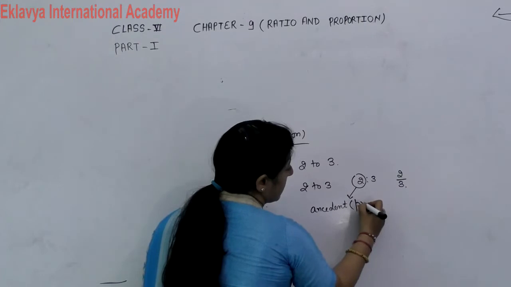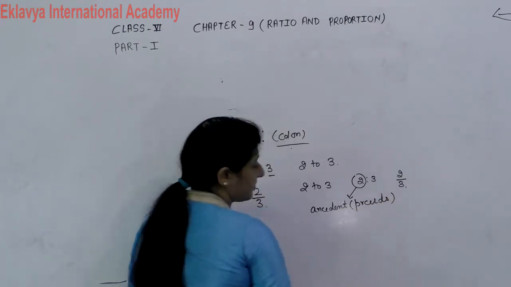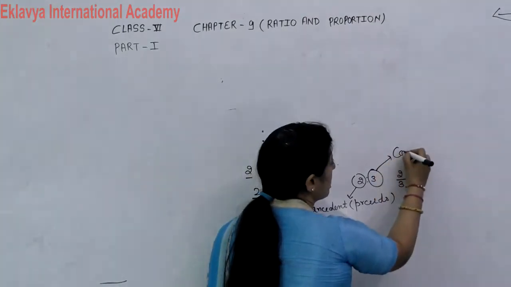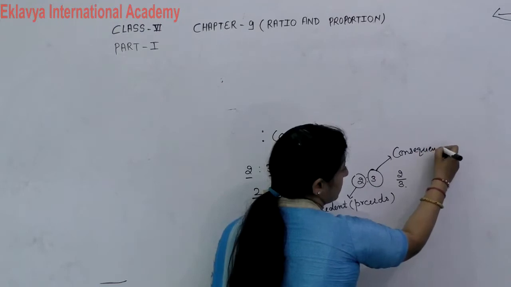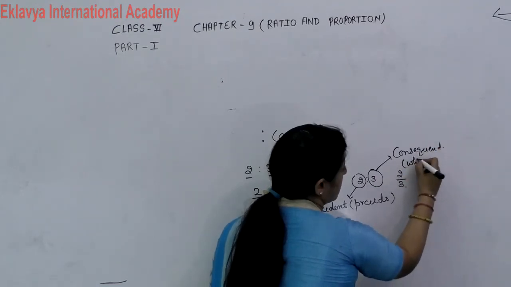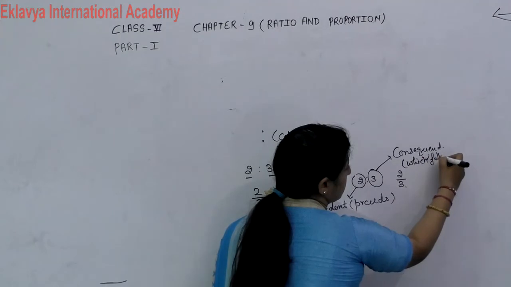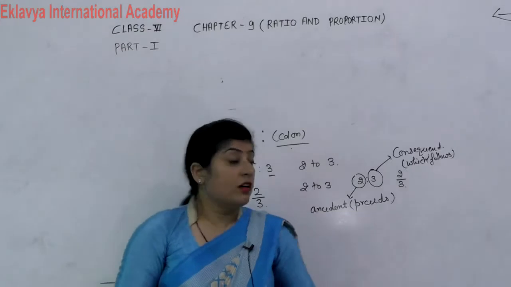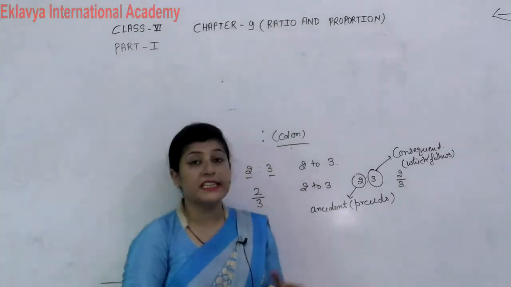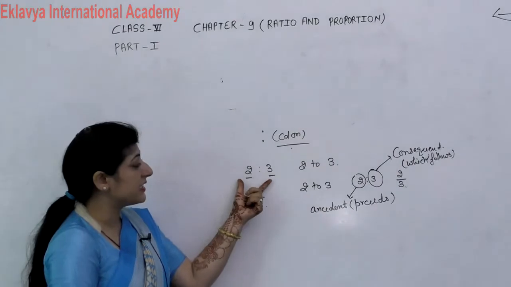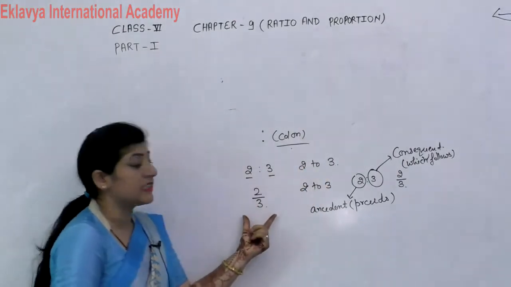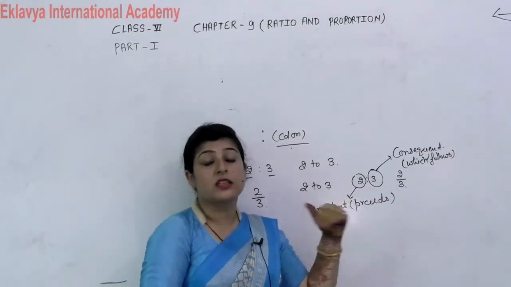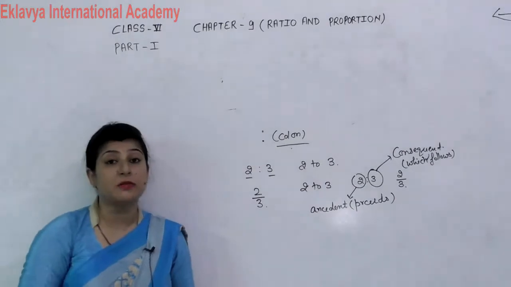This means it precedes, which is preceding something, and the second one is called the consequent, which means it follows, which is following something. So we represent ratio as 2:3 or 2/3. The values of the ratio are called the terms of the ratio.